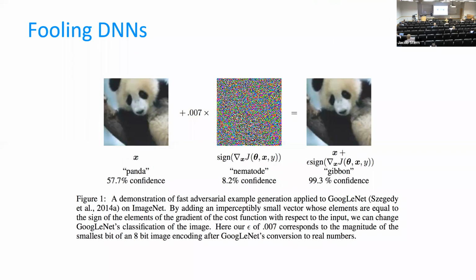But yet this very slight perceptual change is able to completely fool a neural network, where the original image was classified as panda with 57.7% confidence, and the perturbed image is classified as a gibbon with 99% confidence. And so we're going to look at basically how this works in today's lecture.